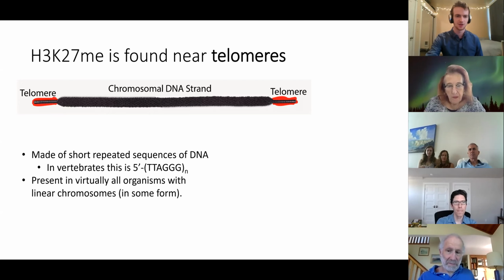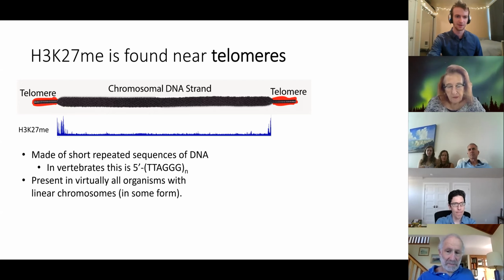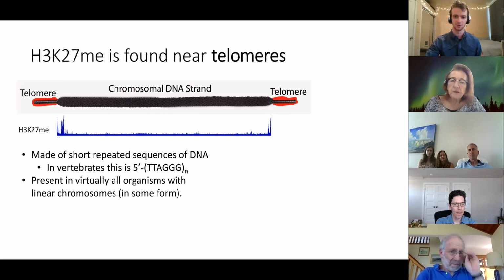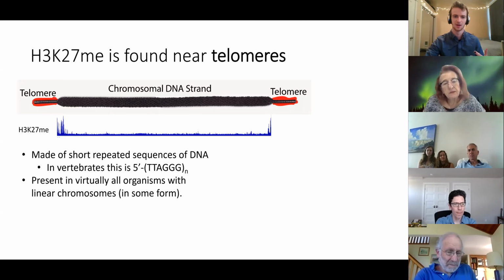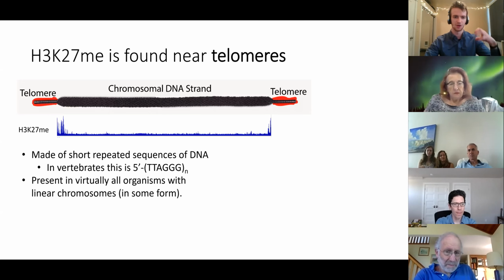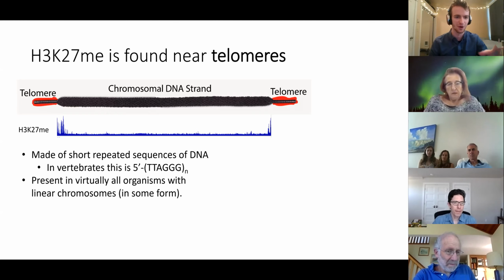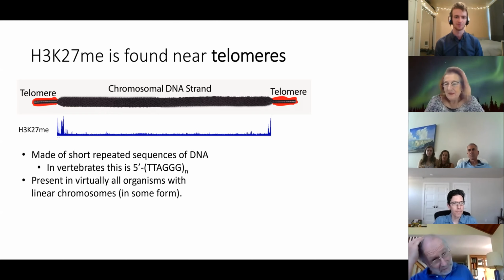Let me bring up the methylation patterns here. That's a ChIP sequencing assay, which essentially is where you count the number of times a mark is on a certain region of DNA. I'll talk more about it later, but take my word for it for now. You can see there are peaks of this methylation where it is more frequently methylated near either end, right near the telomeres.